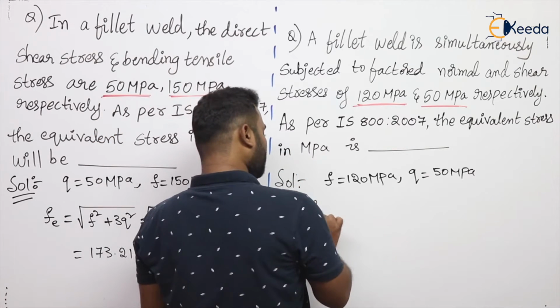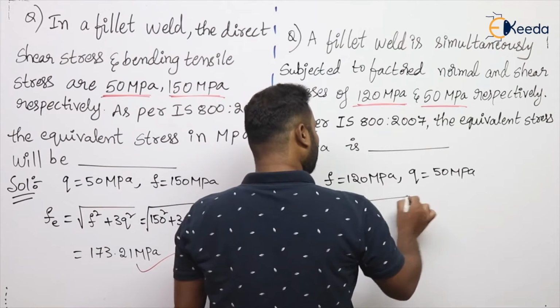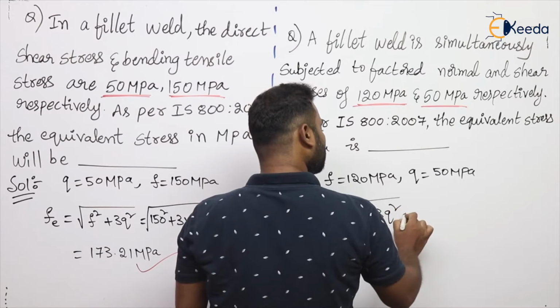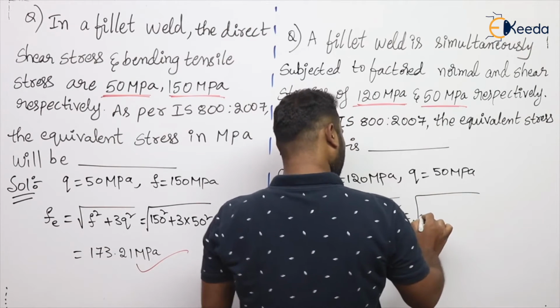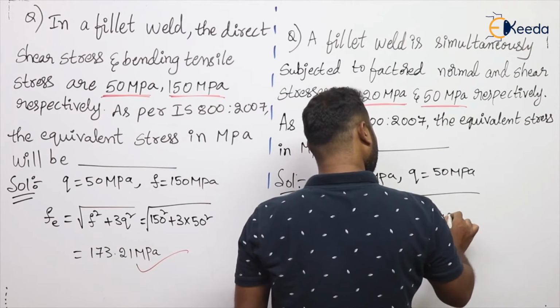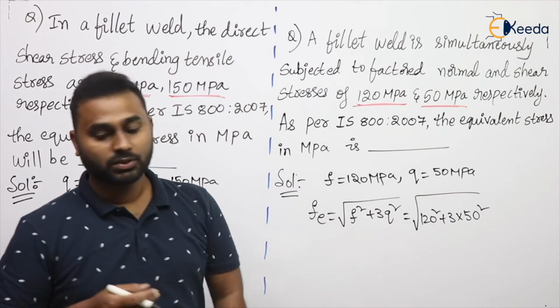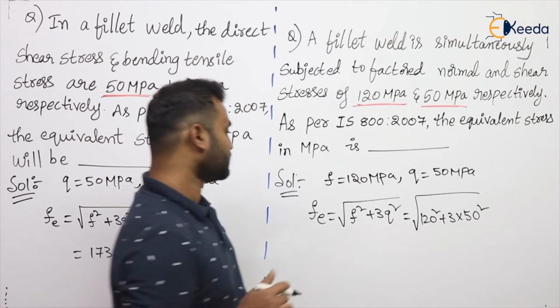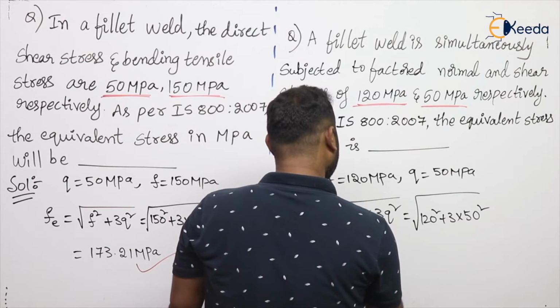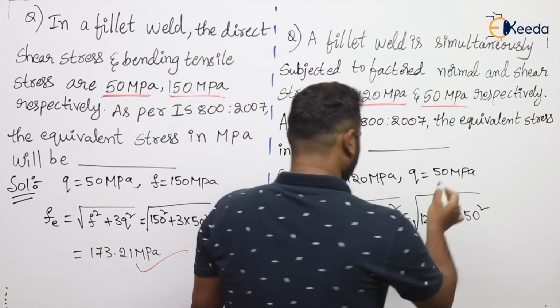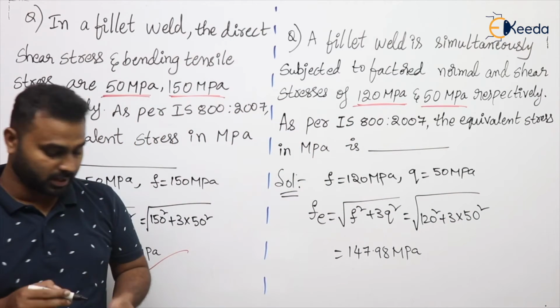The equivalent stress mentioned in the code is root of F square plus 3Q square, which is equal to root of 120 square plus 3 into 50 square. Upon simplification, we get this equivalent stress as 147.98 MPa.